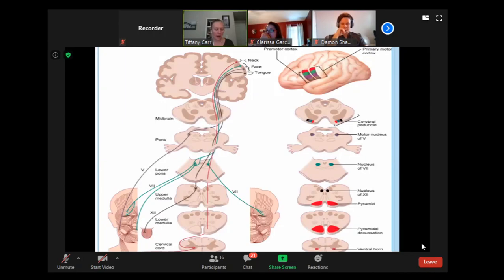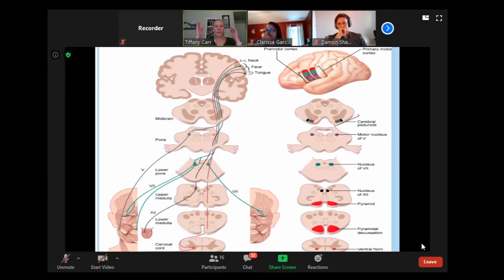So if you have a stroke above the midbrain, in the cortex area, and it causes damage in that area before it synapses on the nuclei, it is considered an upper motor neuron lesion, and it's going to have contralateral effects.